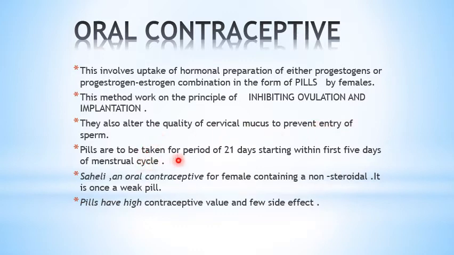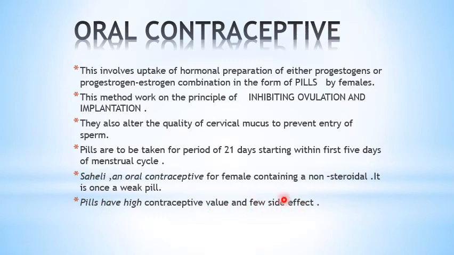Pills are to be taken for a period of 21 days starting with the first 5 days of the menstrual cycle. Saheli, an oral contraceptive for the female containing a non-steroidal compound, is a once a week pill. Pills have high contraceptive value and few side effects.